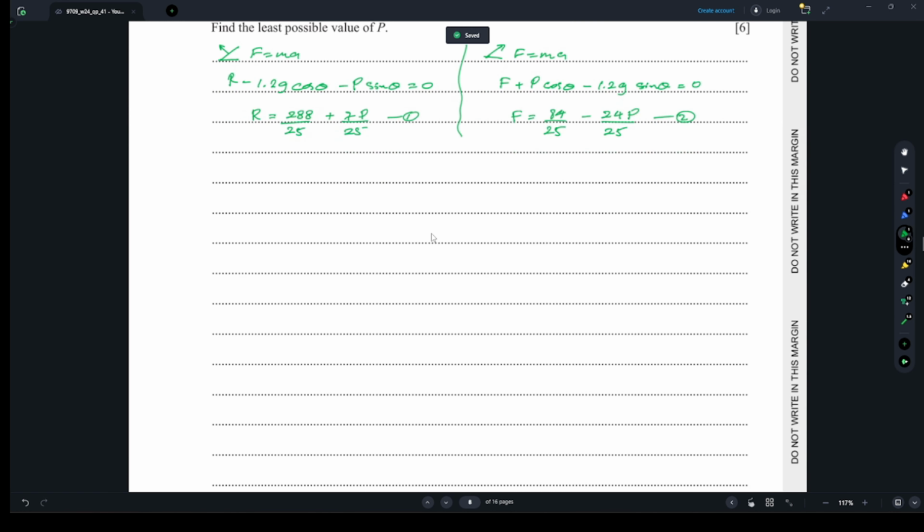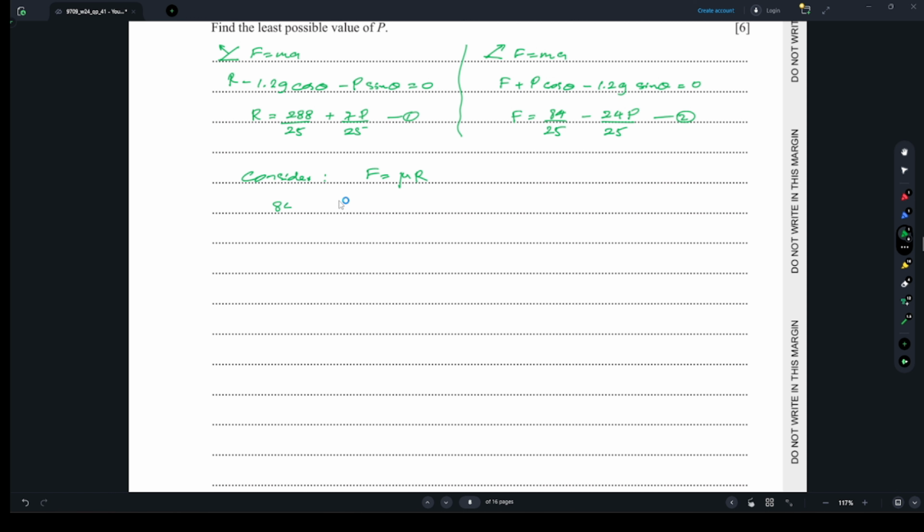Okay, so we have these two. And then what can we do? We can consider F, the friction. We can write mu, the friction coefficient, times the contact force, right? So then we have two equations for F and R, so we can substitute.